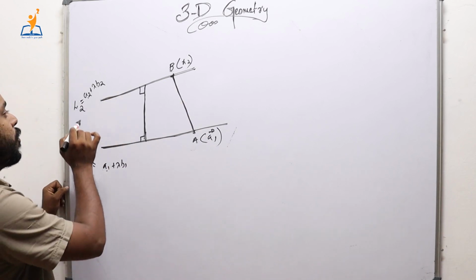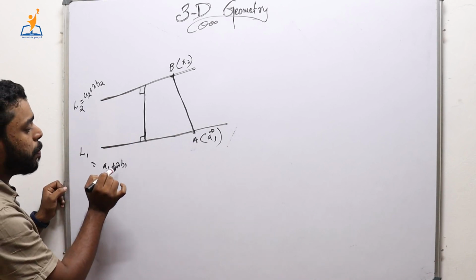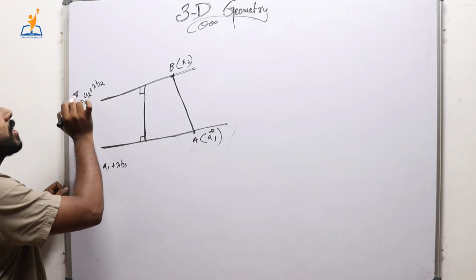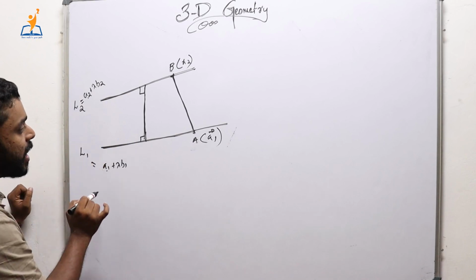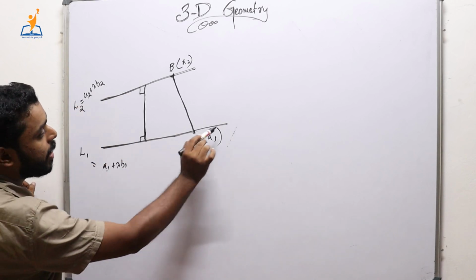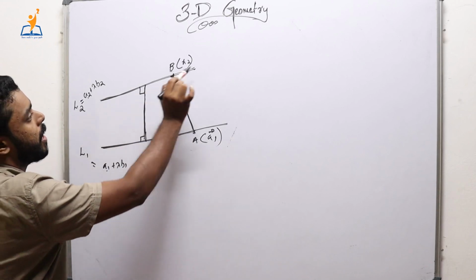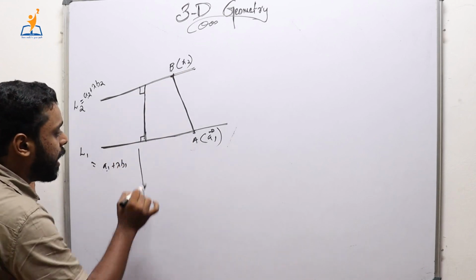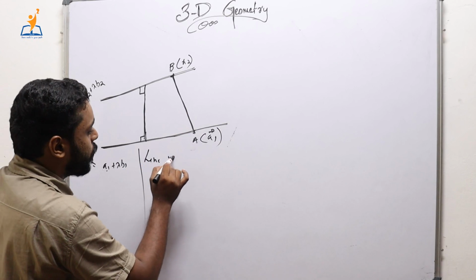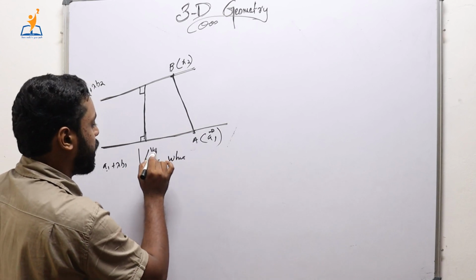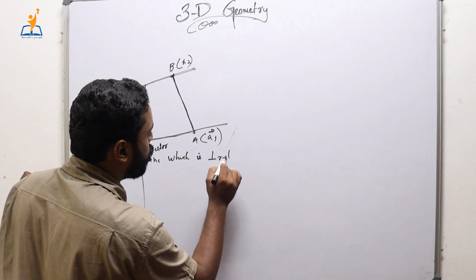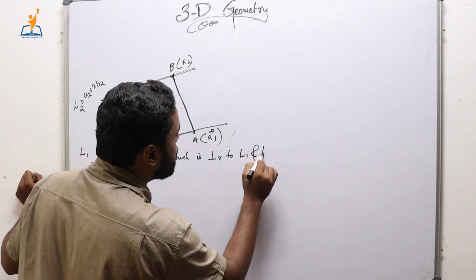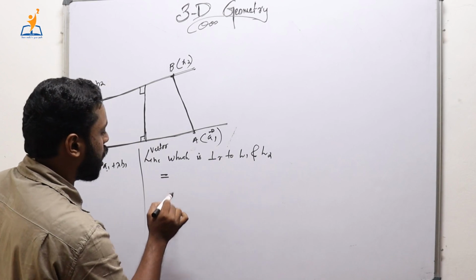Now look here, we have L1 equal to A1 plus lambda B1 and L2 equal to A2 plus lambda B2. Therefore, B1 is parallel to this line and B2 is parallel to this line. So the vector which is perpendicular to L1 and L2 is nothing but what?